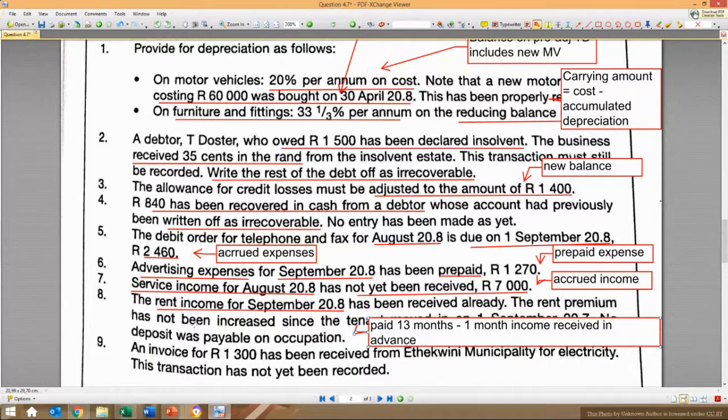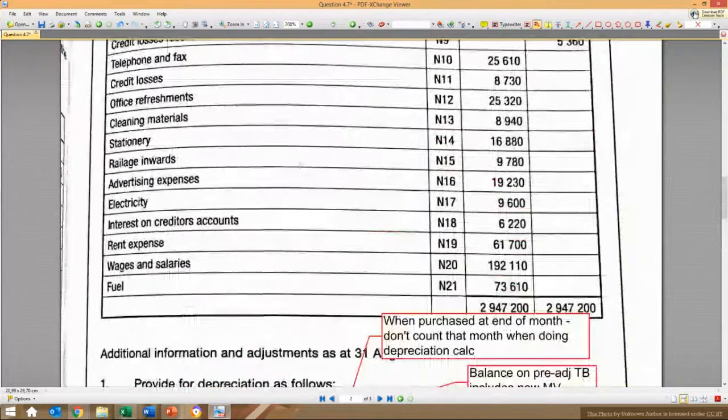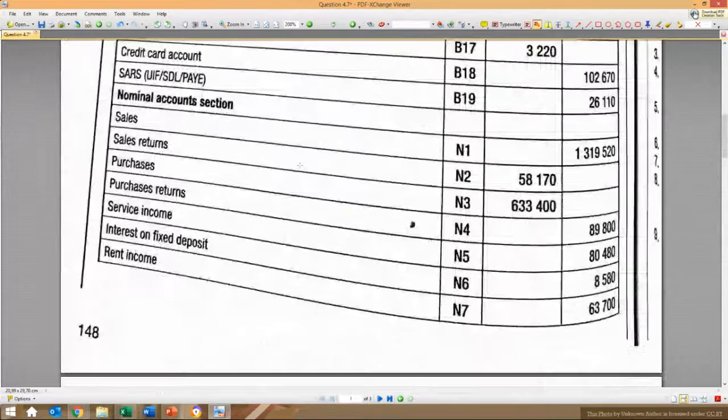And the rental income amount, the income that we've earned, will now have to be reduced. If you scroll up to your trial balance, this rental income amount at number 7 would essentially relate to 13 months worth of rent and not only 12. So that's how you calculate what portion of the rental income needs to be reduced for our disclosure purposes.